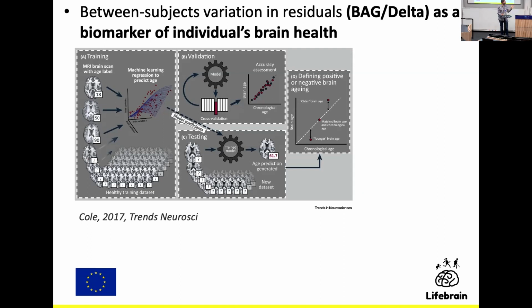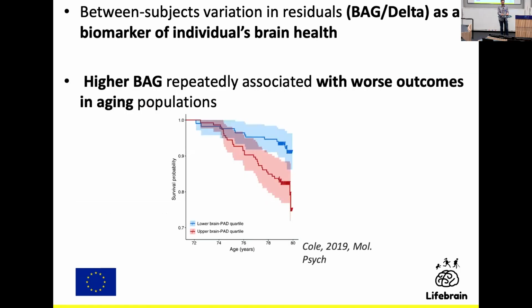The difference between brain age and chronological age, the residuals, is 99% of the time the measure of interest, which we correlate with a given outcome of interest. This is quite a popular and generic measure, and the residuals are often interpreted as a biomarker of individuals' brain health.